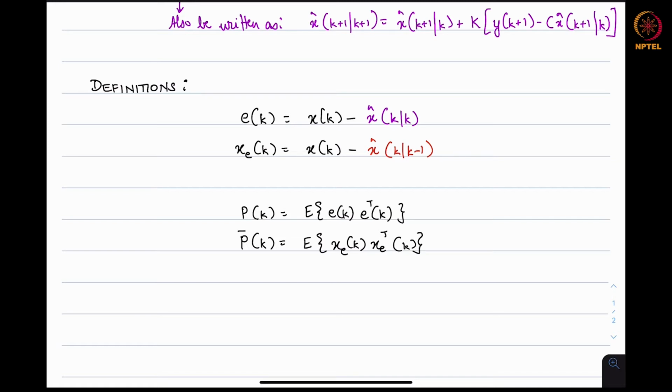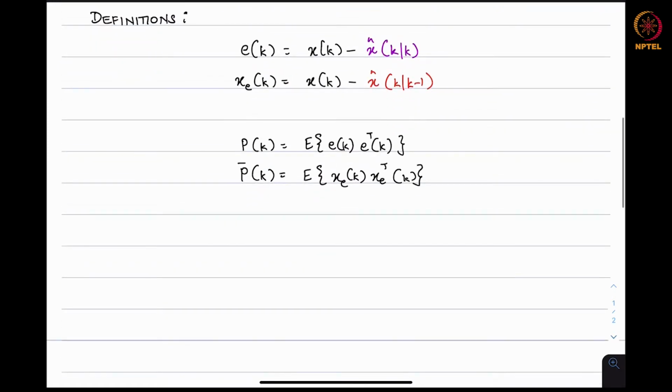Okay, note that P and P bar are n cross n symmetric matrices.